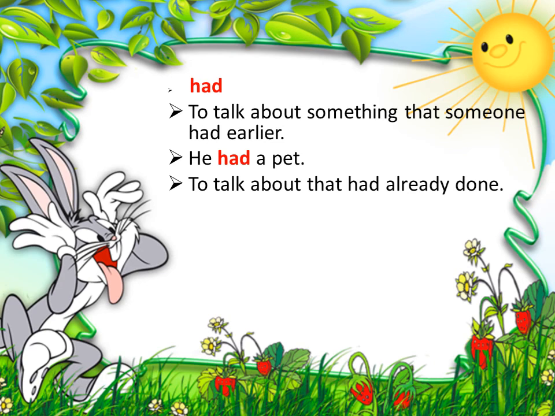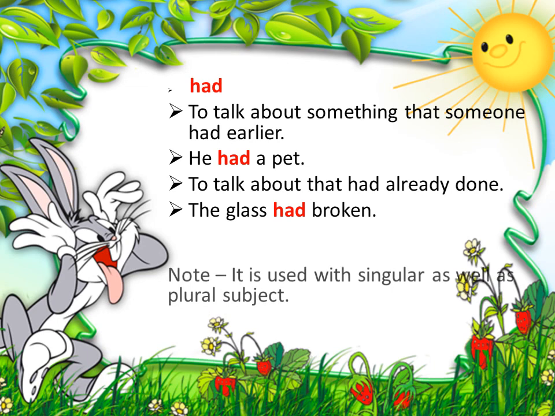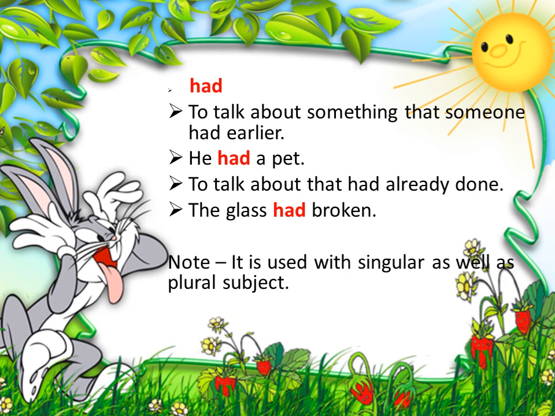Already done in past, like the glass had broken. ठीक है, मुझसे मेरी मम्मा ने पूछा कि जो हमारा यहाँ पर एक ग्लास रखा रहता था वो कहाँ पर है. तो मेरे दिमाग पे एकदम से स्टक हुआ कि वो तो मुझसे टूट गया था, है ना. तो I would like to say, मुझे क्या बोलना है, मैं ये बोलूँगी the glass had broken, ये तो टूट गया था, है ना. The glass had broken, जो ग्लास है वो टूट गया था.